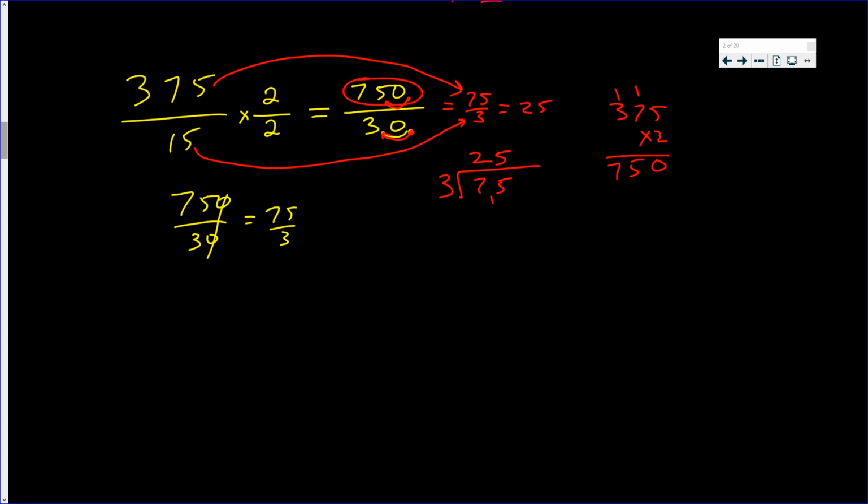That's how I got the 750. So you can convert dividing by two-digit numbers into dividing by a single-digit number if you move the decimal around.